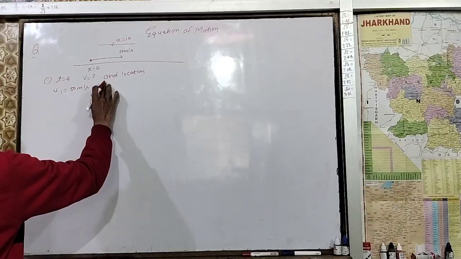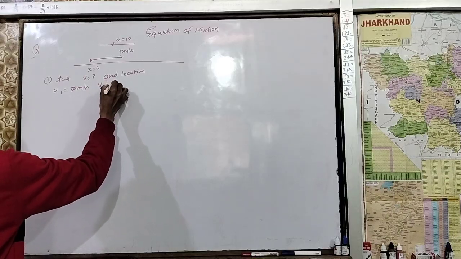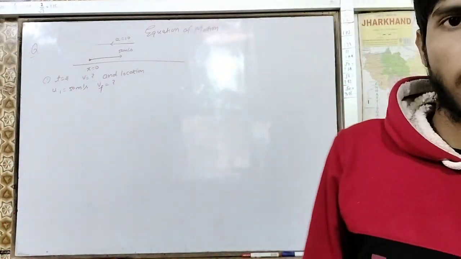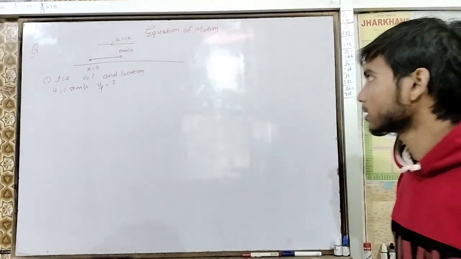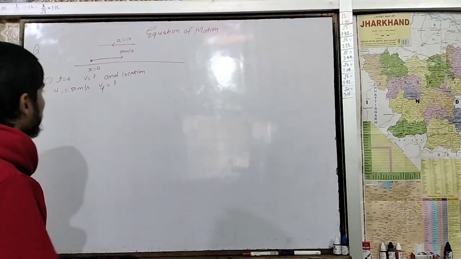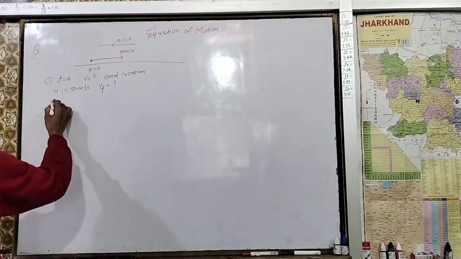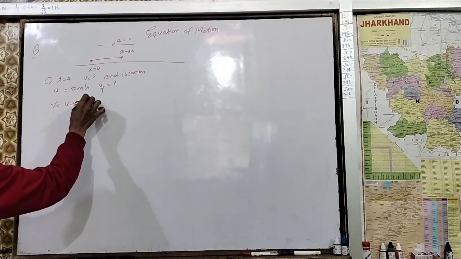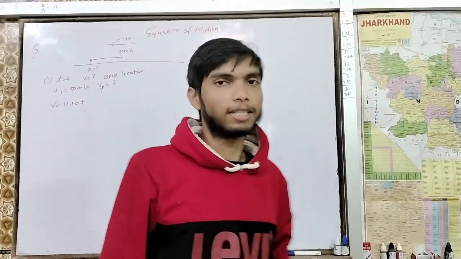What would be the final velocity? For the final velocity we have v is equal to u plus at.